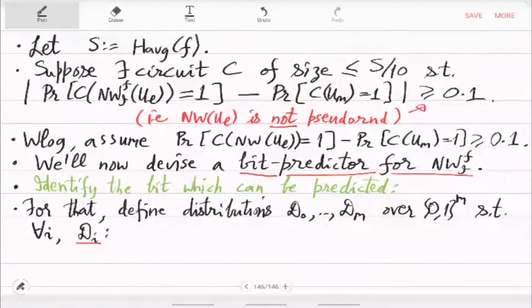Instead of using the whole output of NW, you just use the first i bits, and the remaining part you choose randomly. That is the idea. So, Di is: first choose x from the distribution U_L, that is 0 1 to the L, and z_{i+1} to z_m are random bits.